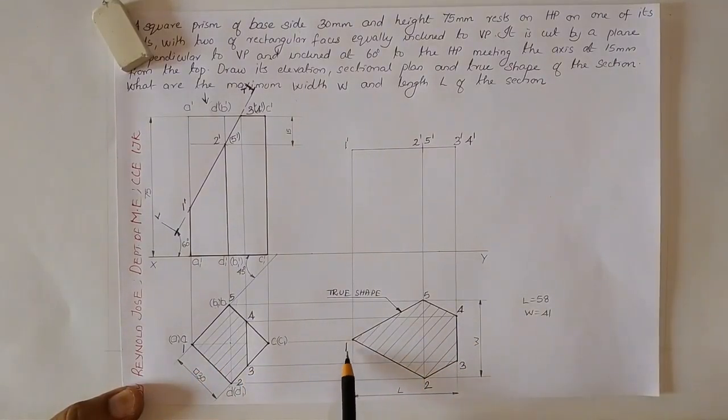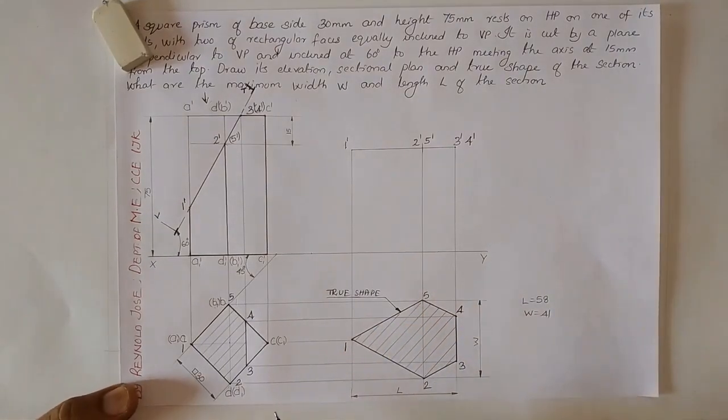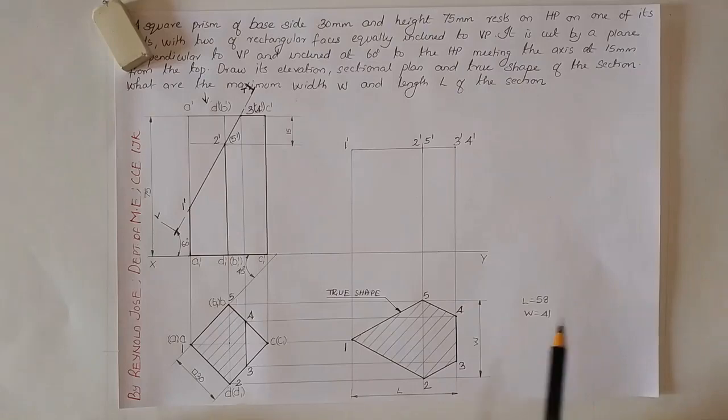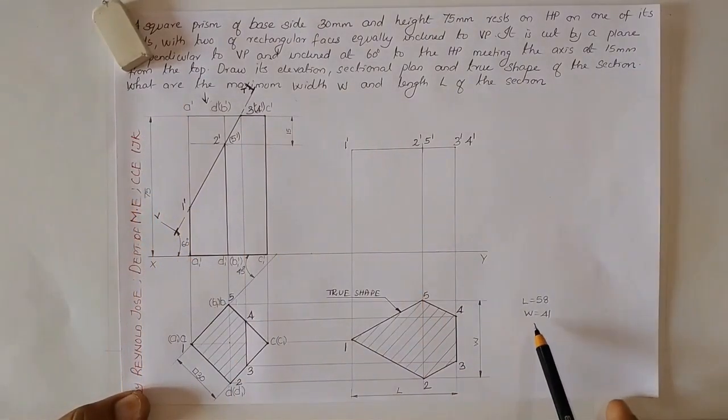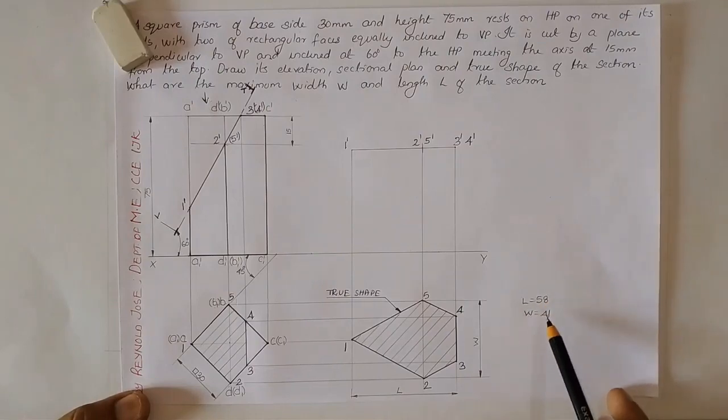Then we obtain 1, 2, 3, 4, 5. Join these points as the inside region. So this is the solution of this problem. As it is separately asked what the values of W and L are, we have to write them separately outside.